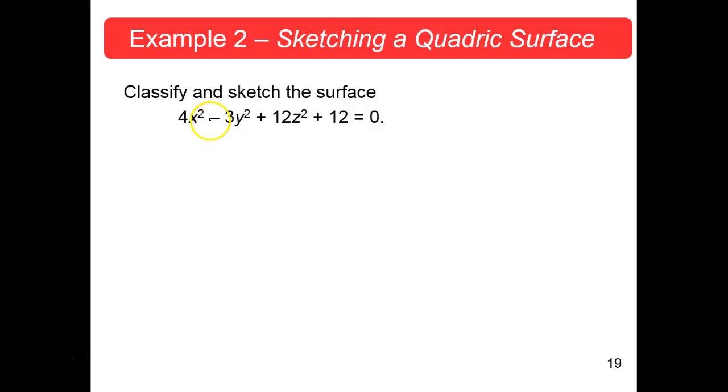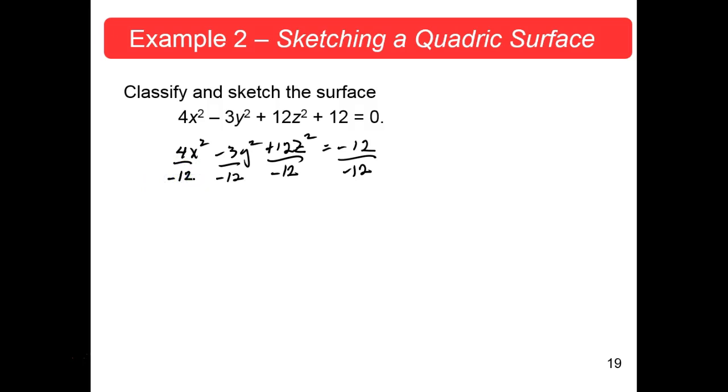Let's do that first. This would be 4x squared minus 3y squared plus 12z squared is equal to minus 12. Right? Subtract 12 from both sides. Now, I want a 1 over here. So I'm going to divide this by minus 12, this by minus 12, this by minus 12, and this by minus 12.